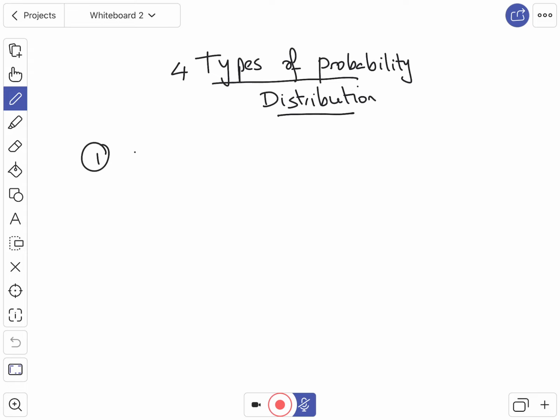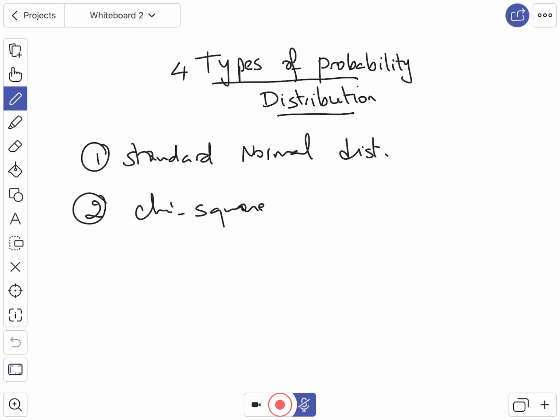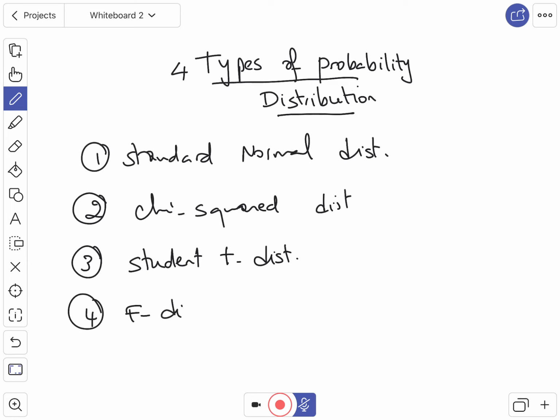We have the standard normal distribution, we have the chi-square distribution, we have the student T distribution, and we have the F distribution. Okay, so I want you to read these 4 types.